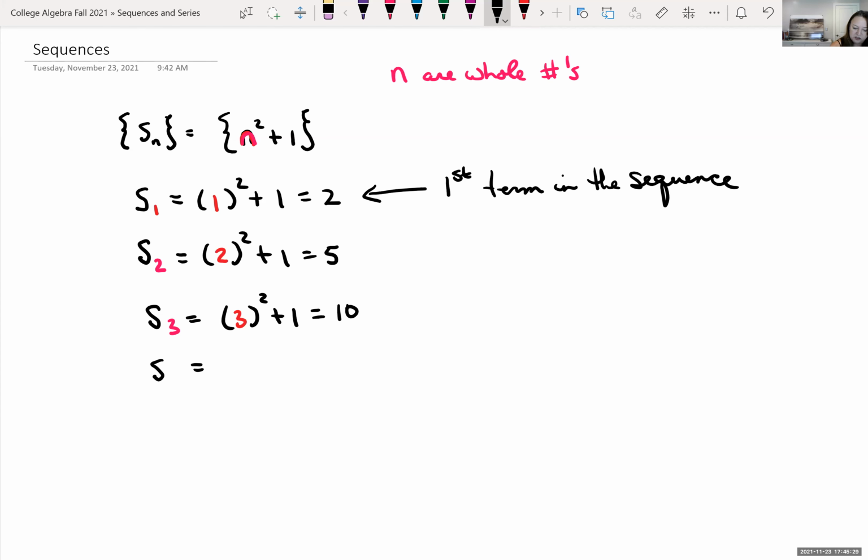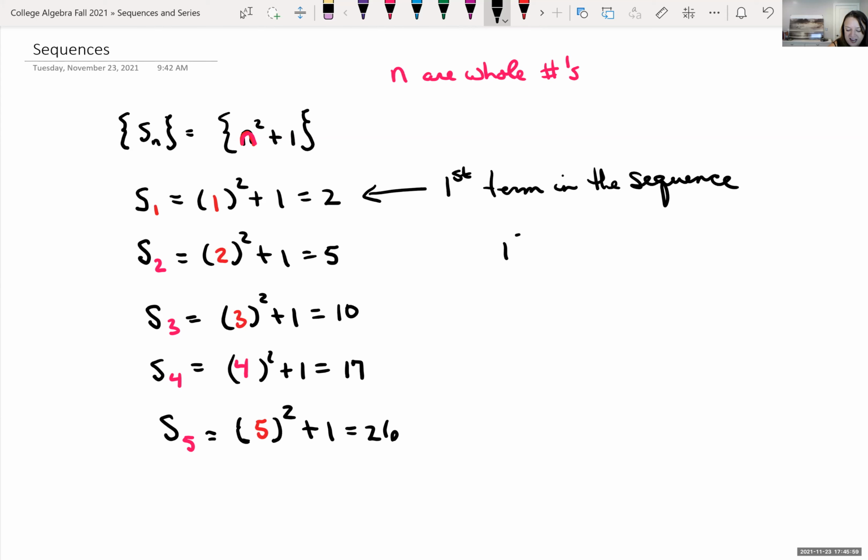S of 4, so just plug in 4 wherever you see an n. So we have 4 squared plus 1, which is 16 plus 1, which is 17. And the last term of the 5 terms it wants us to list out is S of 5. Plugging in 5 wherever you see an n, you have 5 squared plus 1, so 25 plus 1 gives us 26.